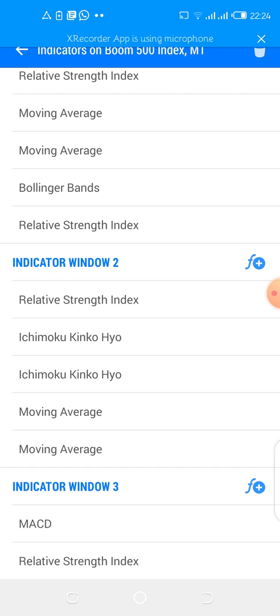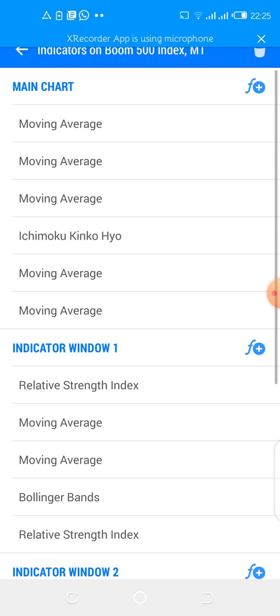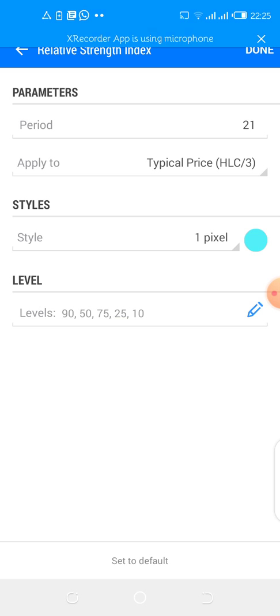Now let's go to the settings for the MACD window, which is down here. This is our MACD, 12, 26, 1. You can always put your color for the signal, but the settings should be 12, 26, 1 for the MACD. And then for the RSI, it is this one here.